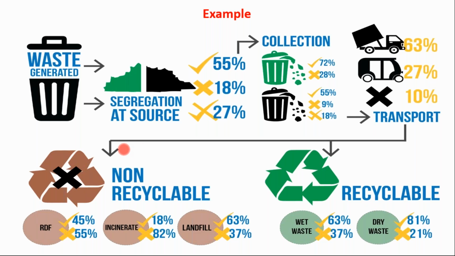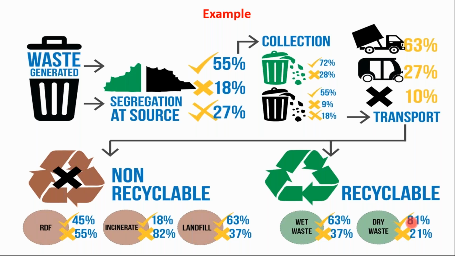From the transported waste, the non-recyclable waste, which is RDF, is 45%, the incineratable is 18%, and what is going to be sent for landfilling is 63%, right? And the recyclable waste, which is wet waste that can be recycled, is 63%, and dry waste that can be recycled is 81%.